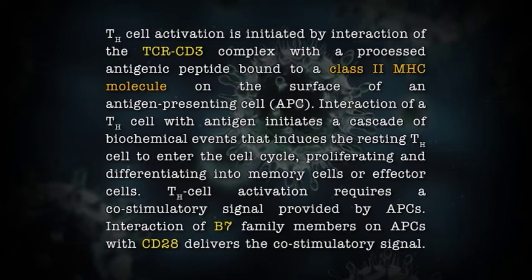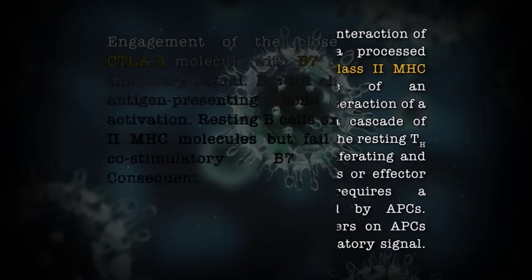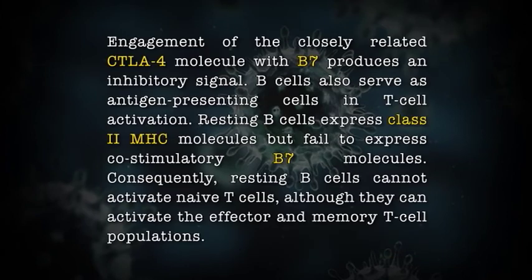T cell activation requires a co-stimulatory signal provided by the APC. Interaction of B7 family members on the APC with CD28 delivers the co-stimulatory signal. Engagement of the closely related CTLA4 molecule with B7 produces an inhibitory signal.